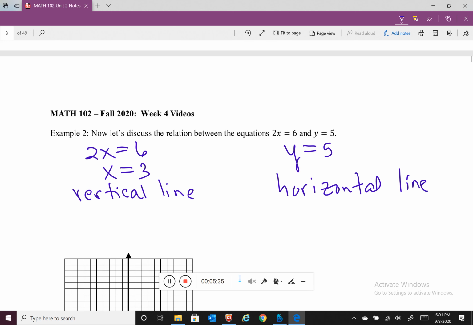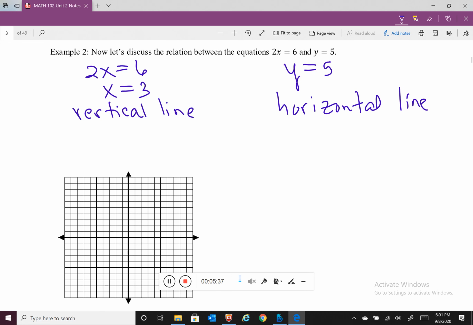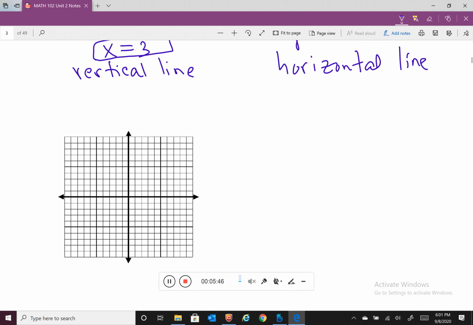So when we graph these, the vertical line, remember, no matter what y is, x is going to be 3. So we're going to always label x, label y, and scale in all 4 directions. And when x is 3, I can let y be anything. So 1, 2, 3 to the right. And I'm going to go 3 to the right, and then I'm also going to plot points going up and down. And so that's our vertical line.